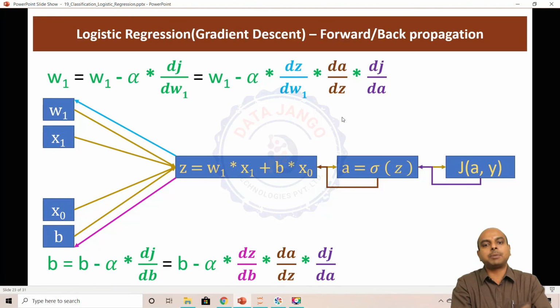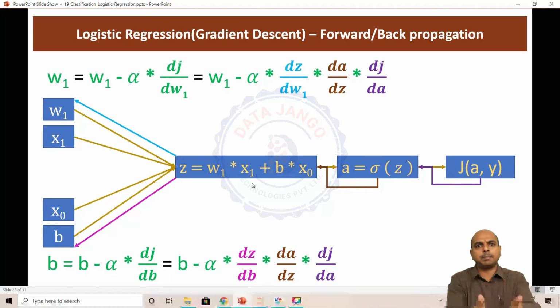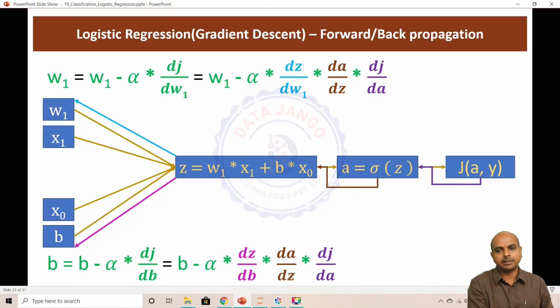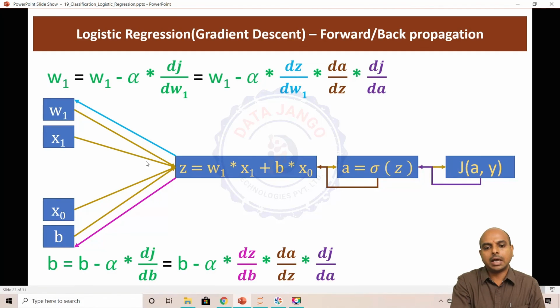Here it is not possible because there are many functions in between. The same logic applies in deep learning also. We'll cover that there. So this is how logistic regression is finding thetas. Thank you.